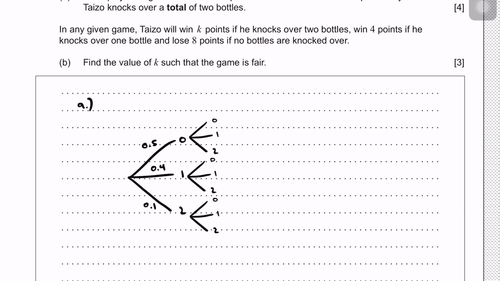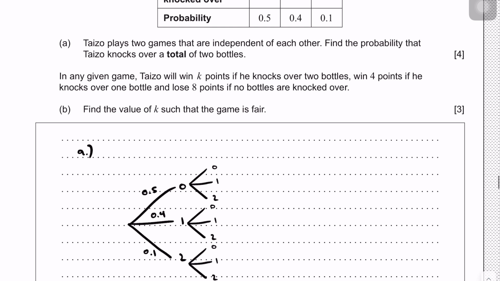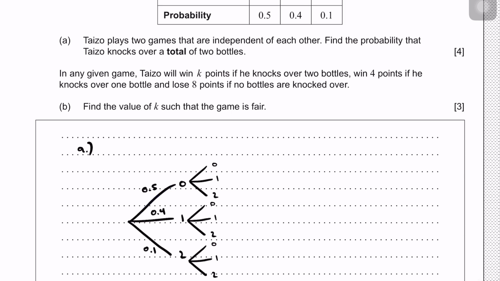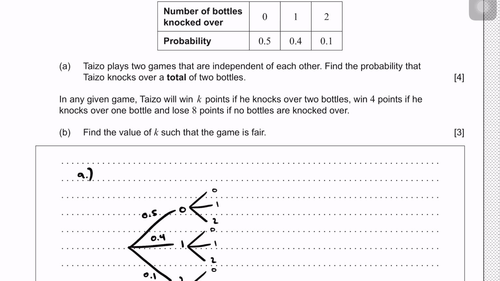And then lastly, once again, we can knock over 0, 1, or 2 bottles. And these are all the possible things that can happen. You could have maybe poor luck and knock over 0 bottles altogether, or 0 and then 1. What we're interested in is finding the probability that he knocks over a total of 2 bottles.